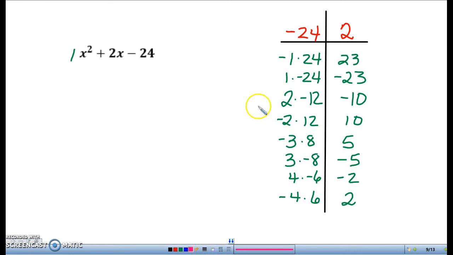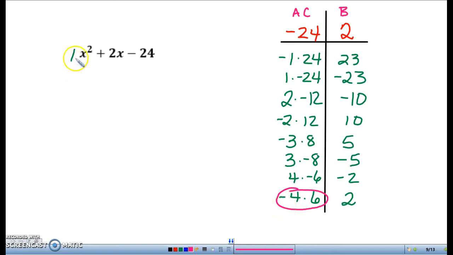Okay, so I finished filling out my t-chart here, my AC chart, and I've come up with all of the different combinations that give me a product of a times c, which is negative 24. So I'm looking for the set where when I add them together, I get positive 2. And that's this set down here.